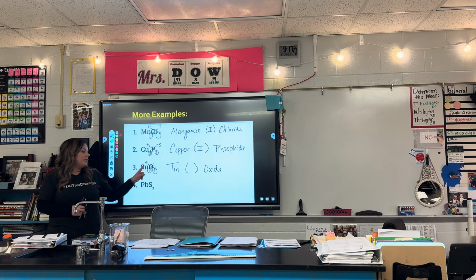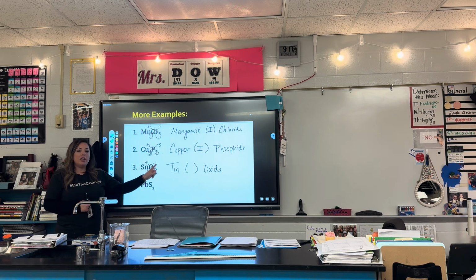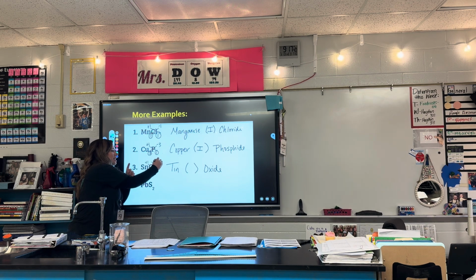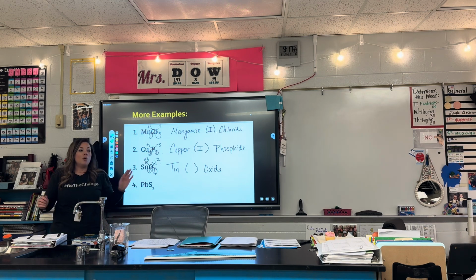A -2. So whatever I do to one, I have to do to the other. So if I multiply my 1 by 2 to get it to its charge, I have to multiply this one by 2. So if this becomes a -2, this becomes a +2. So what happened when I crossed my 2's?